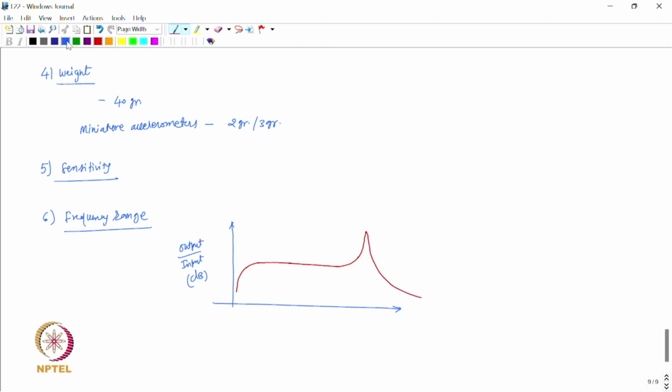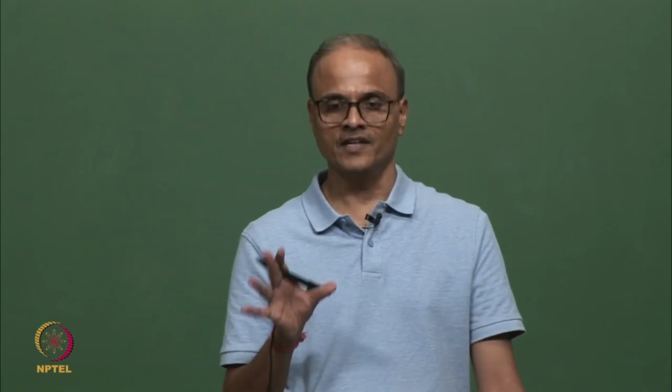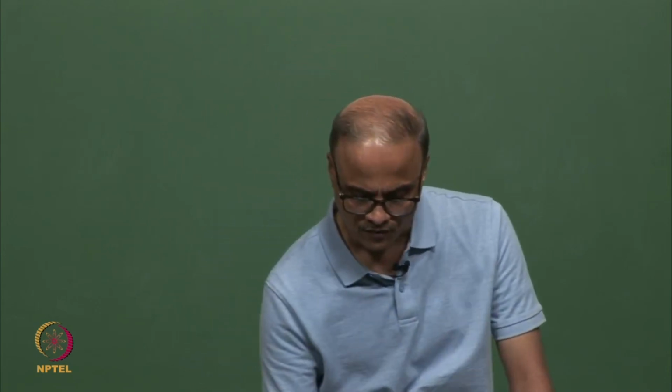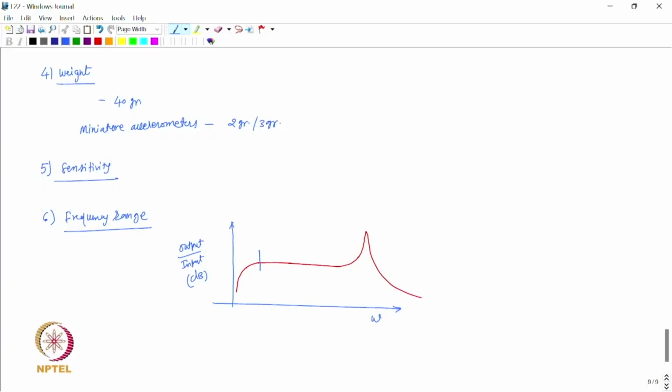Okay. So, this is the frequency, okay, and the frequency range of the accelerometer is the range over which the frequency response of the accelerometer, that is the output upon input of the accelerometer, is linear, and from this graph we see that it is linear over this range, right. So, this is the useful frequency range.